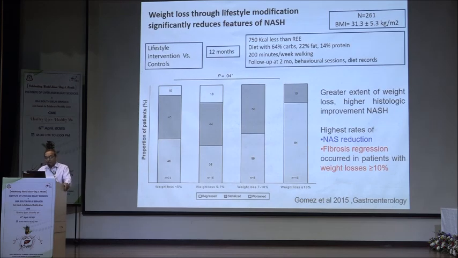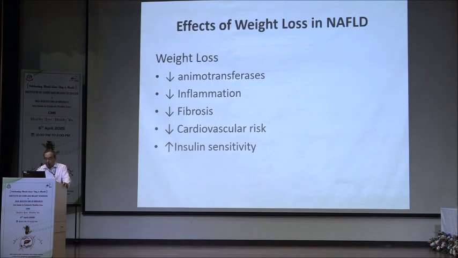In this study also, they have clearly shown that with lifestyle modification and weight loss, there was clear-cut improvement in NAS reduction, and the score also came down. So what is the effect of weight loss?